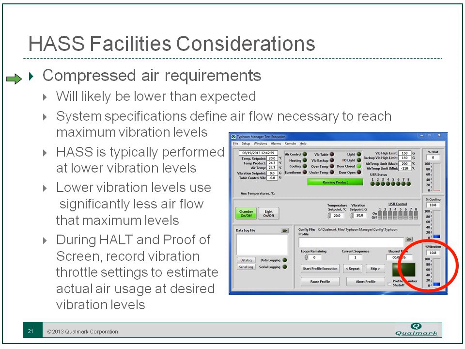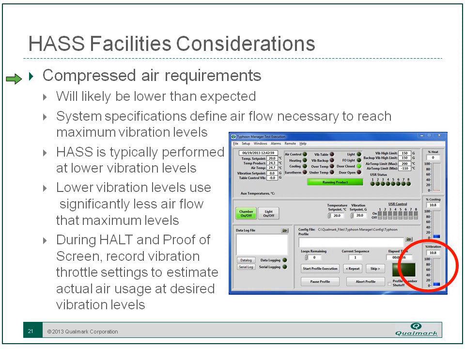Getting those last 10 or 20 Gs takes about the last 30 or 40% of the air consumption. So if you're running at half maximum level when you're doing your HASS, you'll be using much less than half of those maximum airflow requirements. So if you're buying a compressor for 3 chambers, you don't need to take that maximum level, multiply it by 3, and spend a whole bunch of money on a compressor.